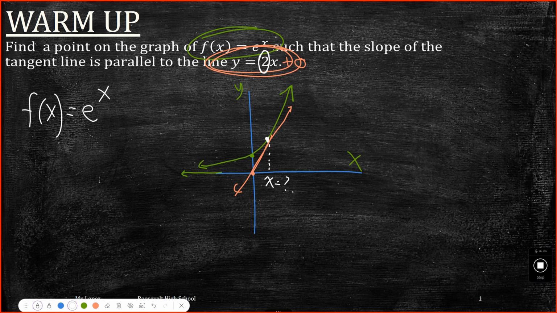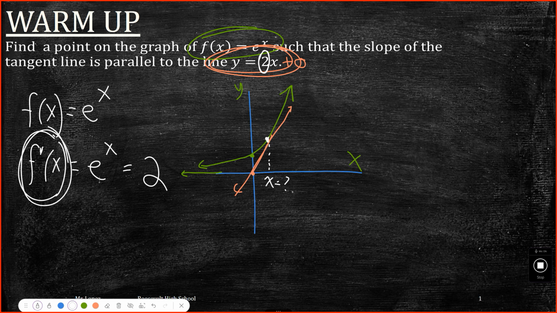So let's take the derivative, F prime of x. What is the derivative of e to the x? E to the x. And so where is the slope equal to 2? We get e to the x equal to 2.